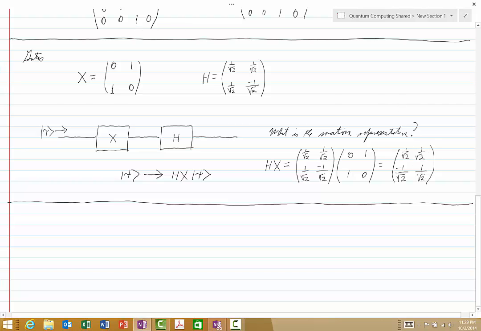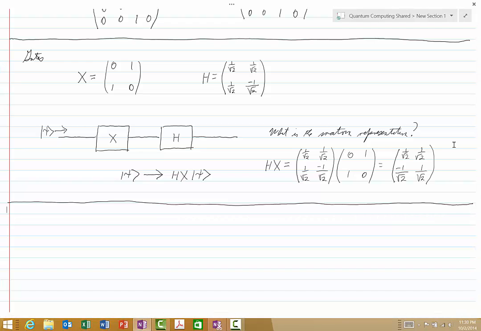So either way you look at it, either by looking at the circuit diagram or by doing the matrix equation, we arrive at this same result, that overall this will take the 0 ket to the minus ket and the 1 ket to the plus ket. So those have been some transformations on single qubit states.